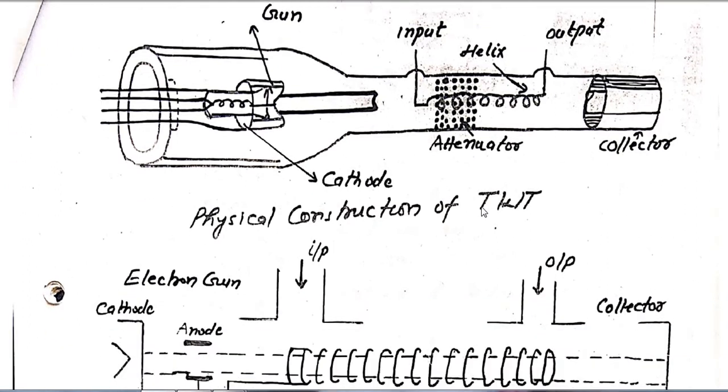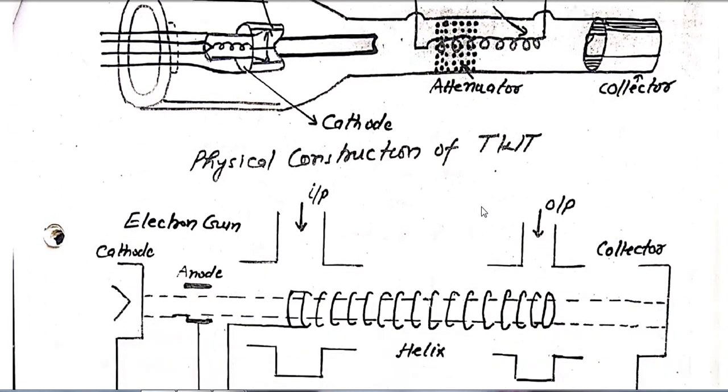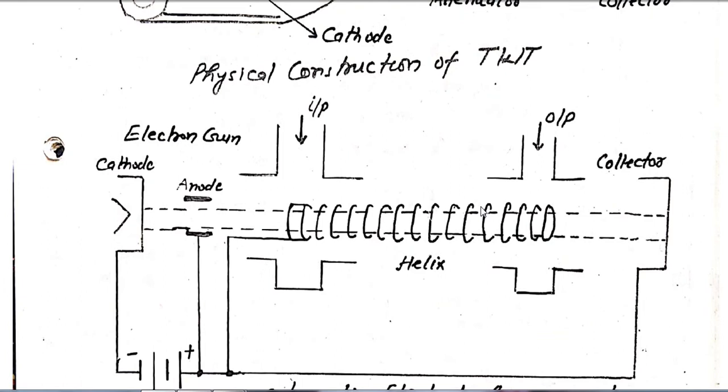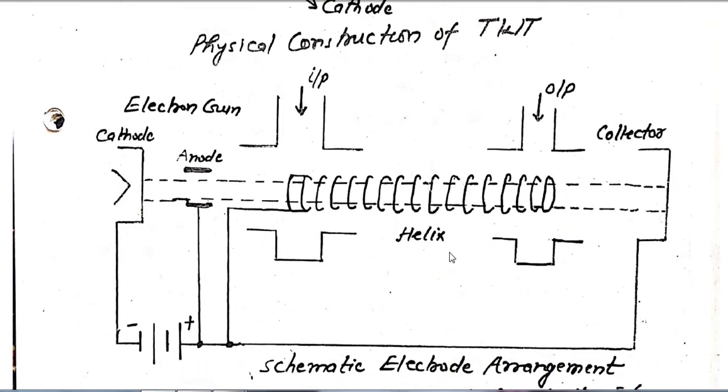So this is the physical structure. It will look somewhat like this. We can see the arrangement. This is the electron gun assembly, where we have a cathode. These are the helix, a ring-like structure, just like the spring in a pen.